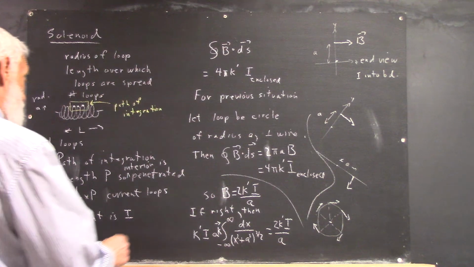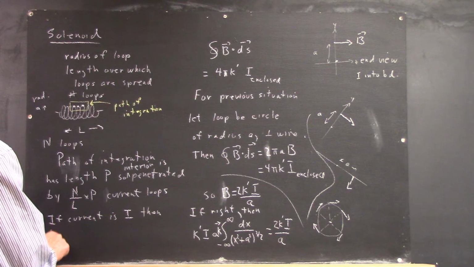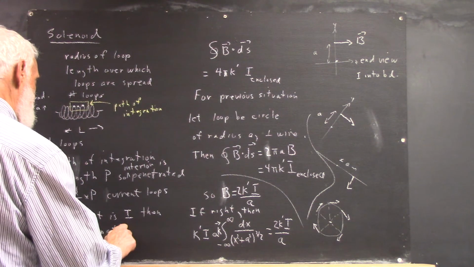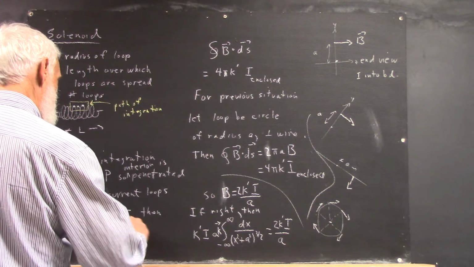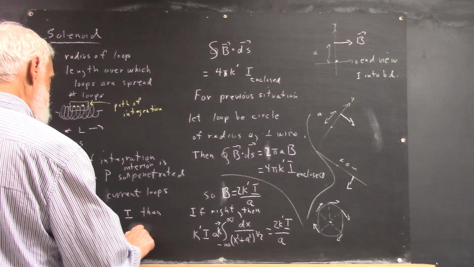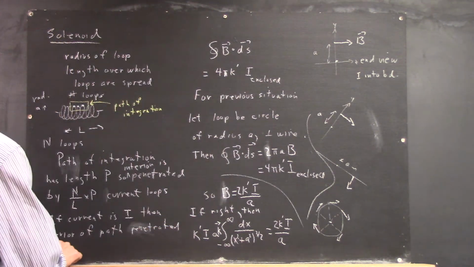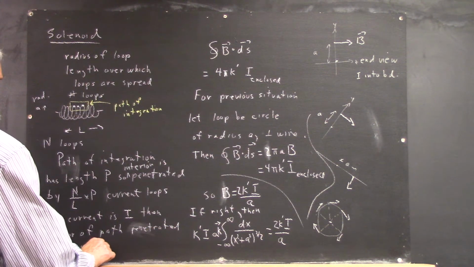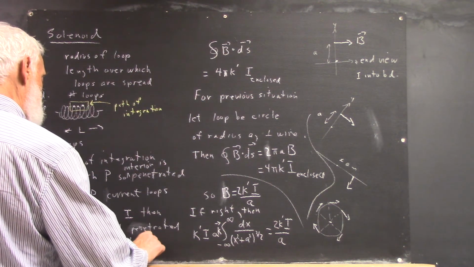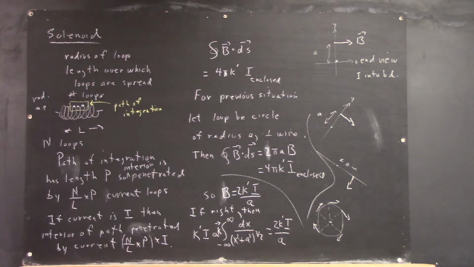So if the current is I, then the interior of the path is penetrated by current N over L times P times I, right?